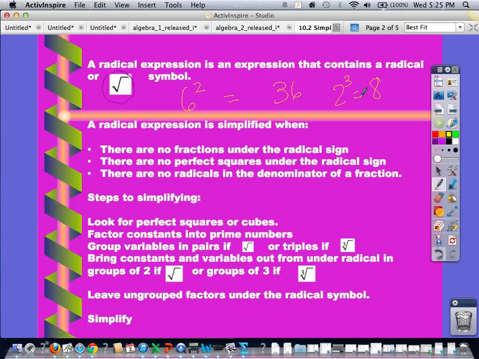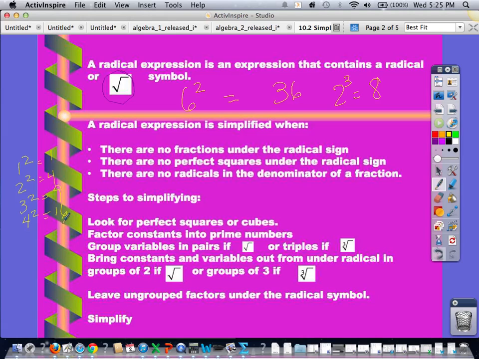So when you're doing these perfect squares and perfect cubes, if you need to, write over to the side of your paper, what's 1 squared, 2 squared, 3 squared, 4 squared, etc. And those are the numbers you're looking for, 1, 4, 9, 16, etc. Same with the cubes, except it'll be 1 cubed, 2 cubed, 3 cubed, and so on and so forth. Okay, you're looking for those perfect squares or cubes.